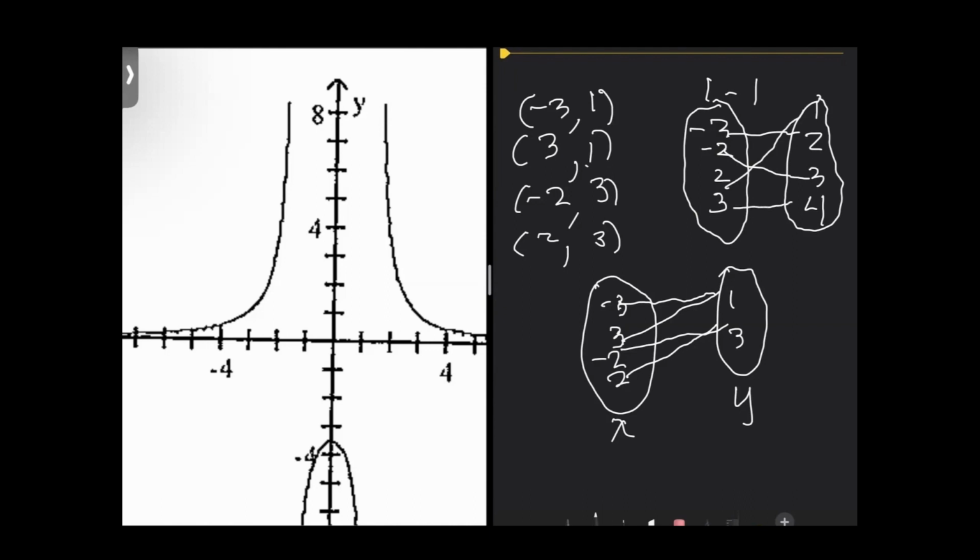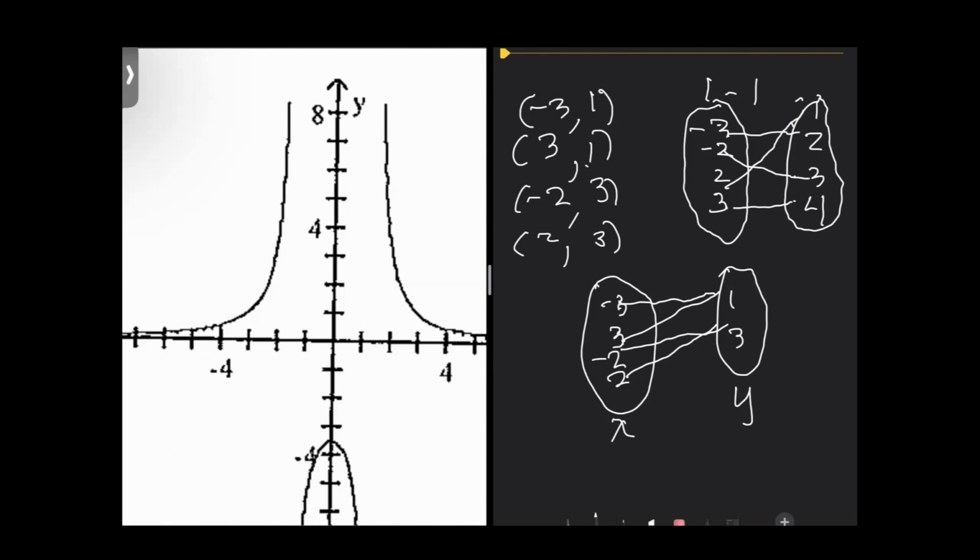You can see each line is crossing only one to the left, to the right. There's not a line going towards two numbers. Just one number to one, one number to one, one number to one, and one number to one. One input gives you one output. Therefore, this would be an example of a one-to-one.